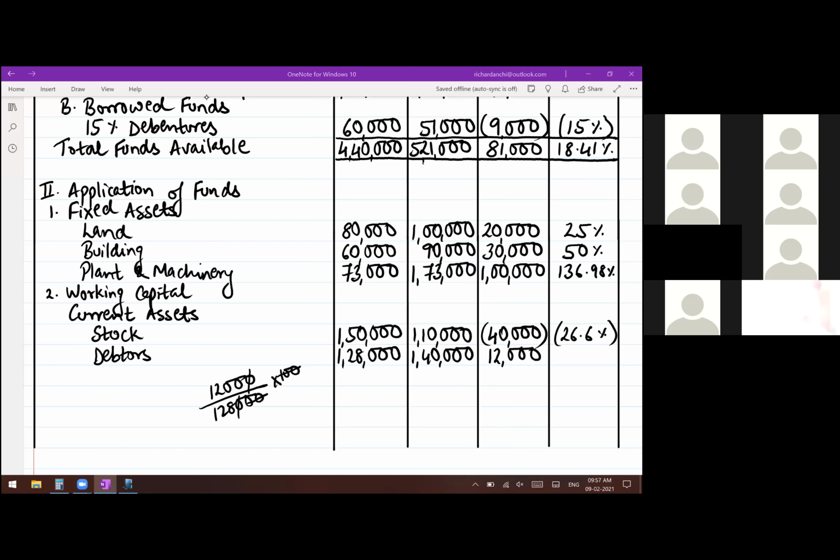Yes, in terms of percentage, how much? 9.37%. Okay.